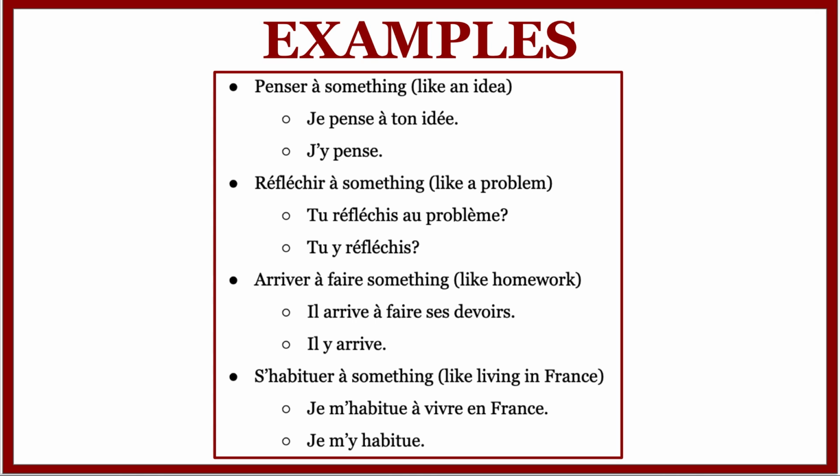That means I'm thinking about your idea. So if we want to say I'm thinking about it, since we have the à in front of ton idée, we use y and we say j'y pense. Or réfléchir. Tu réfléchis au problème? We can replace au problème with y. Tu y réfléchis? All right?